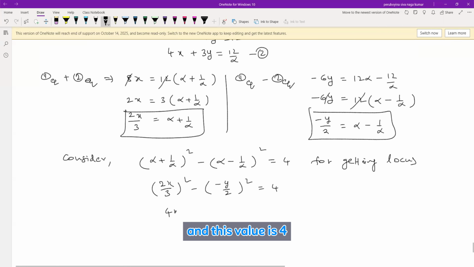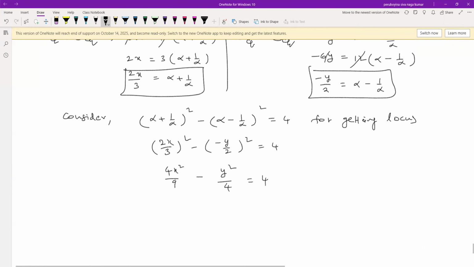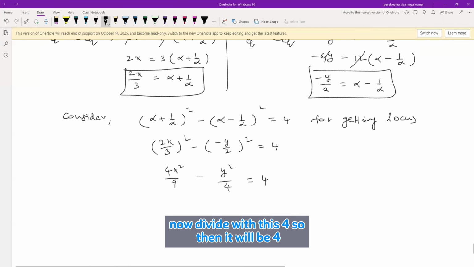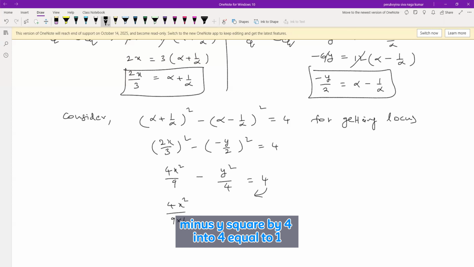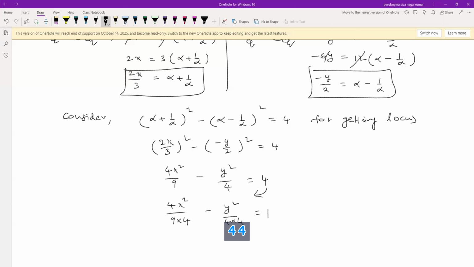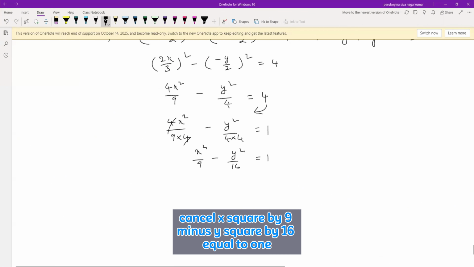And this is 4x square by 9 minus y square by 4 equals 4. Now divide by 4. So then it will be 4x square by 9 into 4 minus y square by 4 into 4 equals 1. The 4 cancels. x square by 9 minus y square by 16 equals 1.